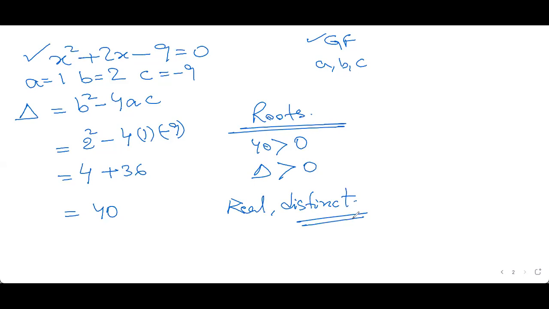Now, if we have to find the roots, we will continue with the solution. Minus b plus or minus square root of delta by 2a, and we will find the two solutions for this if required. In this question, it is not required.